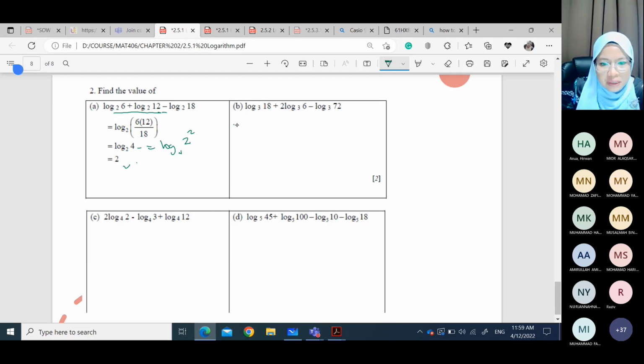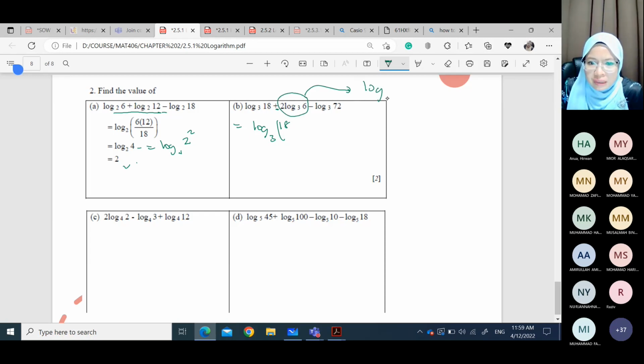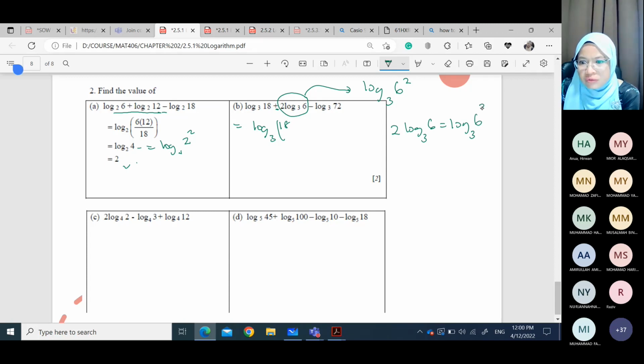Alright. Okay, so B, base dia semua 3. So this one, log 3 18 plus dekat sini. So maknanya darabkan dengan. Okay, so yang ini 2 dekat sini. So untuk yang ini, dia sebenarnya adalah log 3 6 to the power of 2. Gitu. Okay. Kita letak kat sini 2 log 3 6. It is equivalent with log 3 6 to the power of 2.